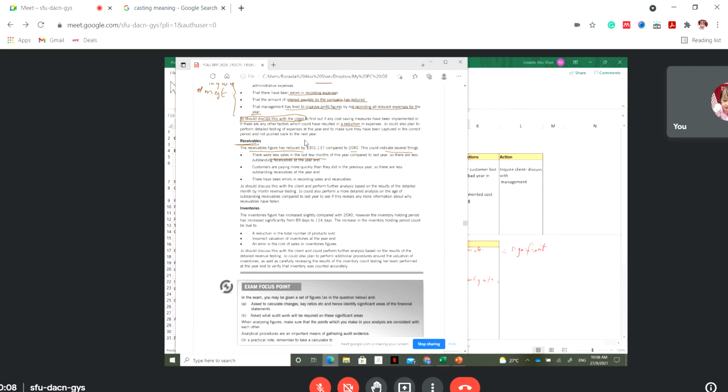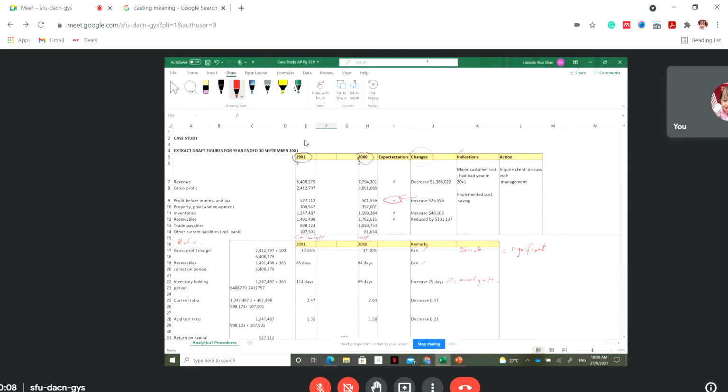So look at the days outstanding. Okay, days outstanding. Look at the inventory holding period. Oh, okay, there is no such account here, yes, the receivable collection period. It is the same, okay, fair, so it should be reduced.